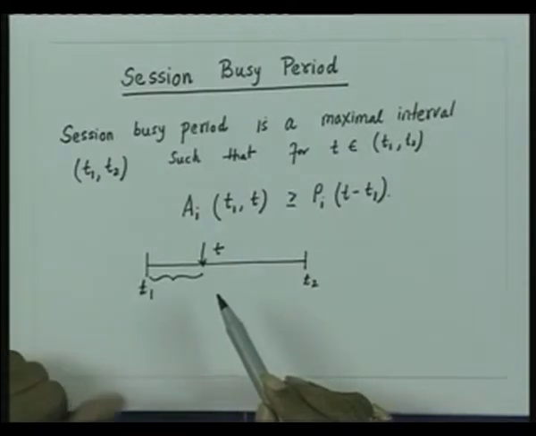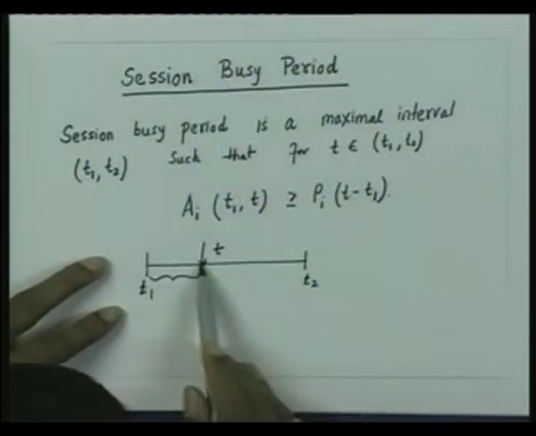It means that if the session was served with exactly the rate rho_i, okay, not more, not less, then this session will remain continuously backlogged during the interval t1 to t.